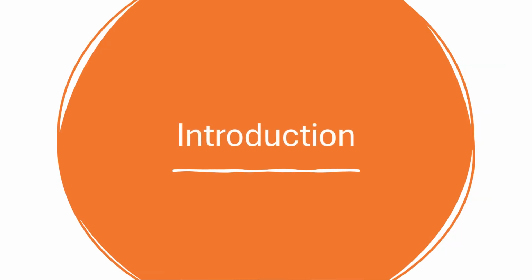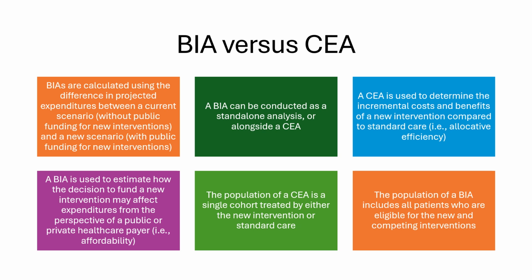Introduction. A cost-effectiveness analysis, CEA, is used to determine the allocative efficiency, and a budget impact analysis, BIA, is used to estimate the affordability. In an HTA, BIA can be conducted as a standalone analysis or alongside a CEA.